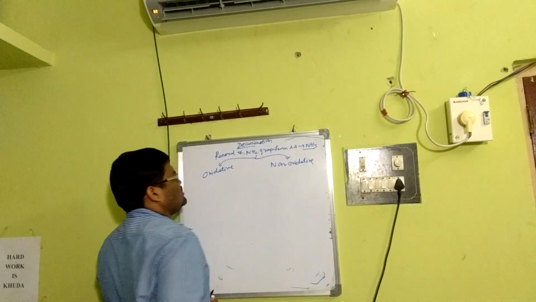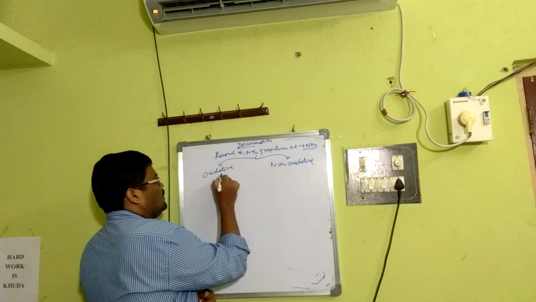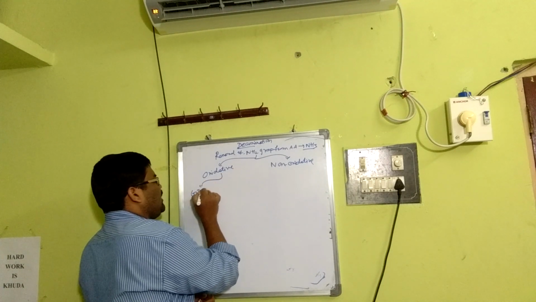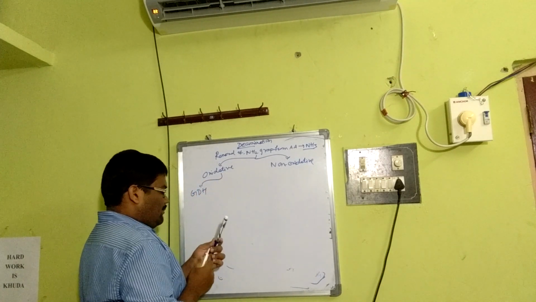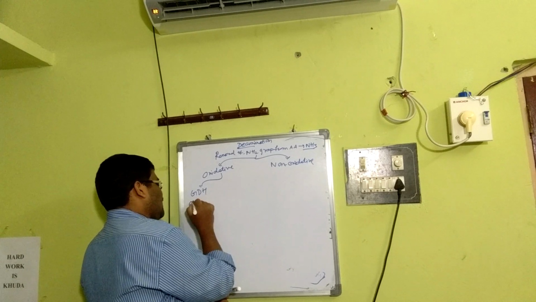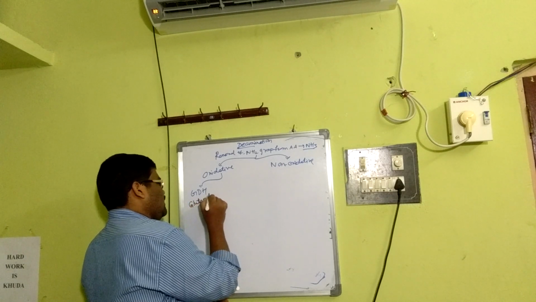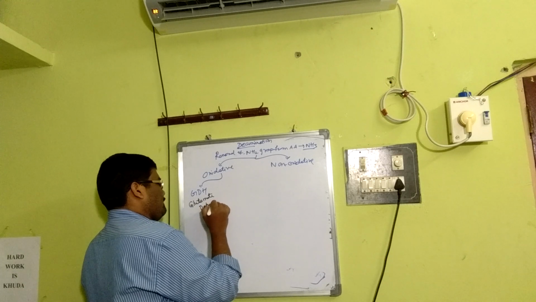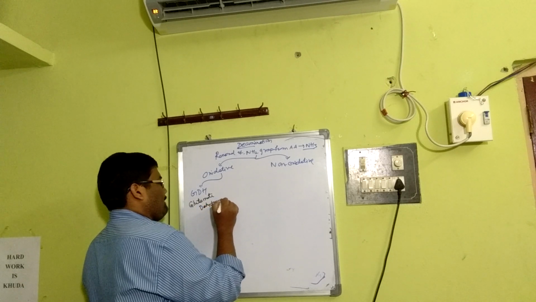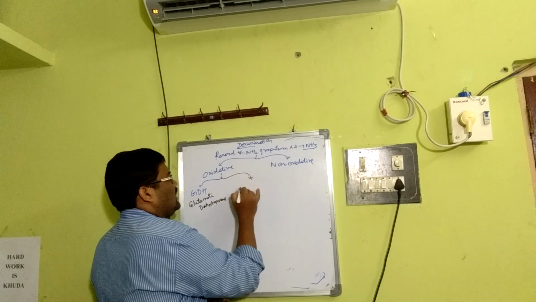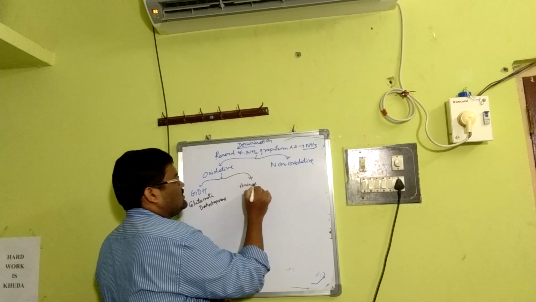Oxidative again has two ways: glutamate dehydrogenase, what we call GDH, and the other one is amino acid oxidases.